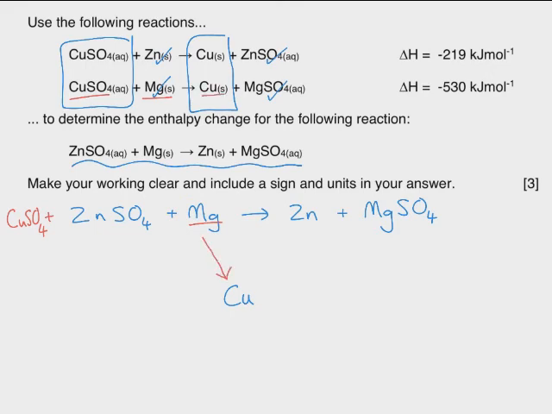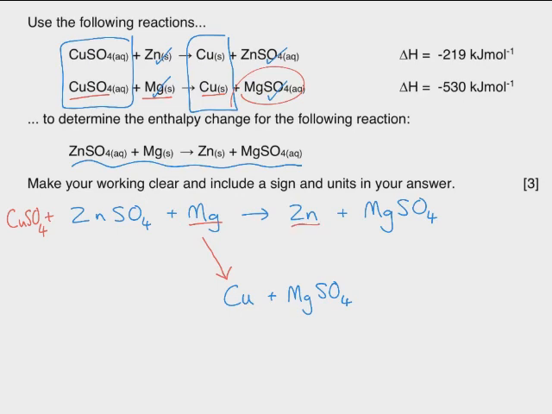My arrow goes down because that's a product. And then the other product that has not been accounted for is magnesium sulfate. So I'm going to put that at the bottom of my Hess cycle as well. So far, left going downwards, I've got copper sulfate plus magnesium. We'll worry about the zinc sulfate in a minute.